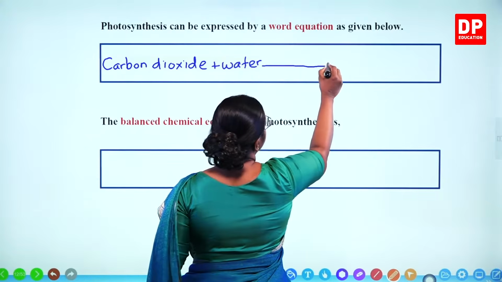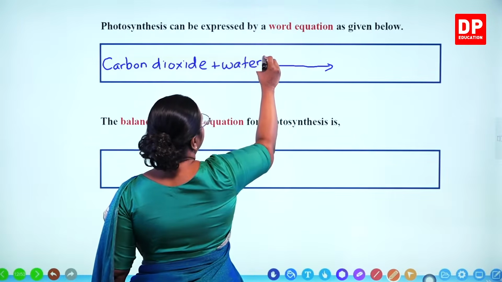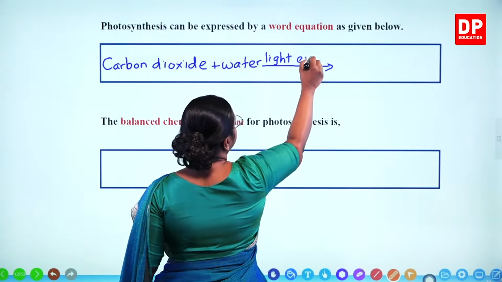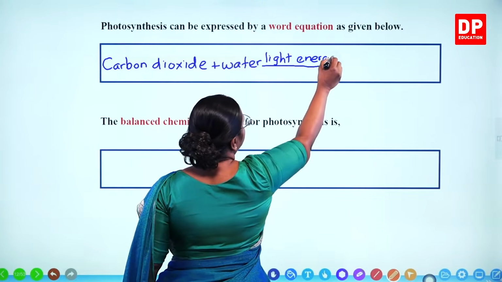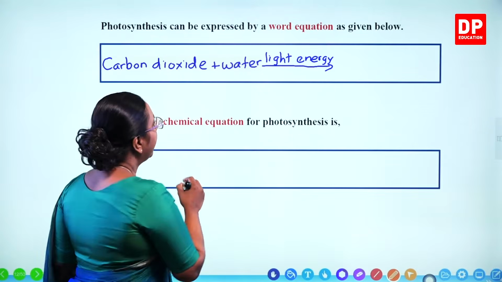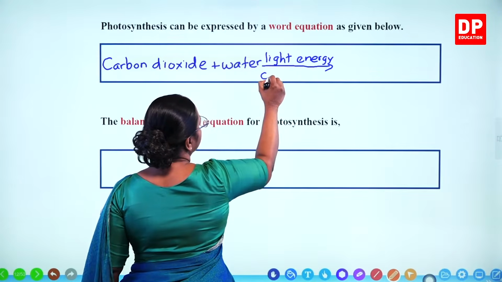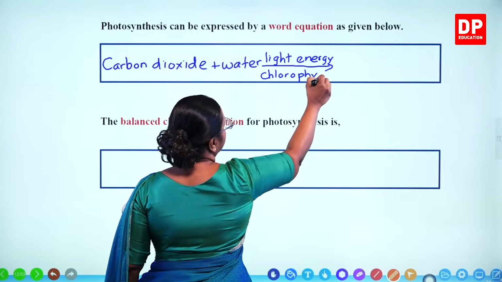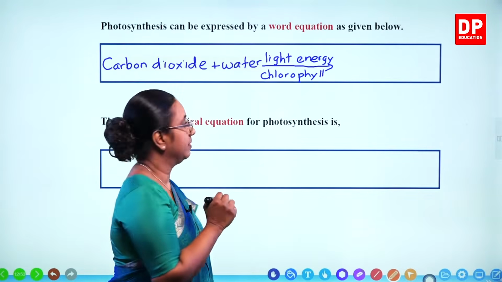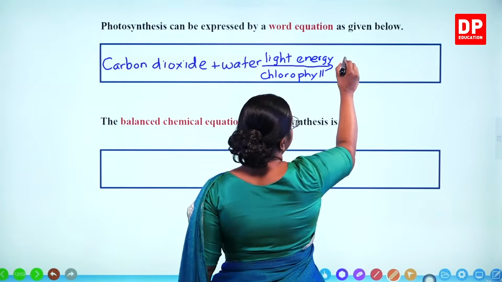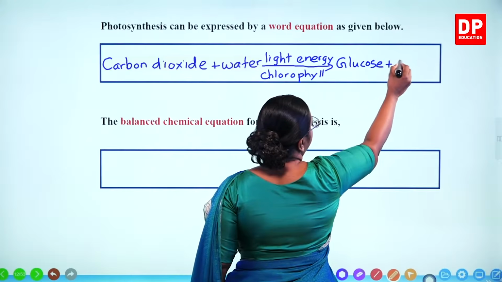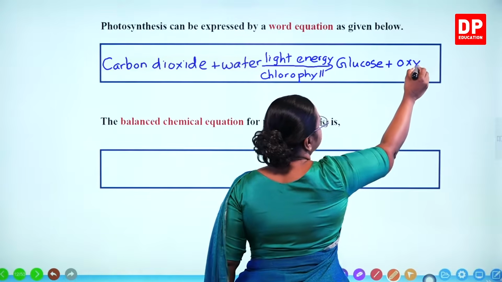And for the process to take place, we need light energy, or you can write it as sunlight, and also there should be chlorophyll. That is the colored pigment. And the products are glucose and oxygen.